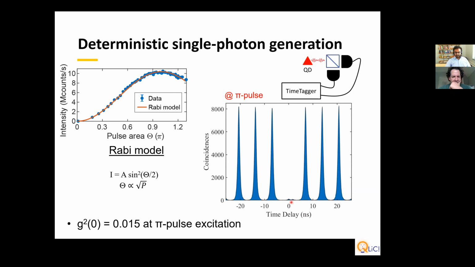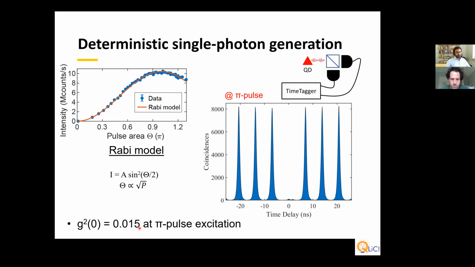And I compare this against the probability of generating a photon in the next pulse, which is what the second peak here shows us. The ratio of these two gives us the normalized g2 of 0 value of about 0.015, or about 1.5%. That's about the amount of multiphoton emission that this source had.